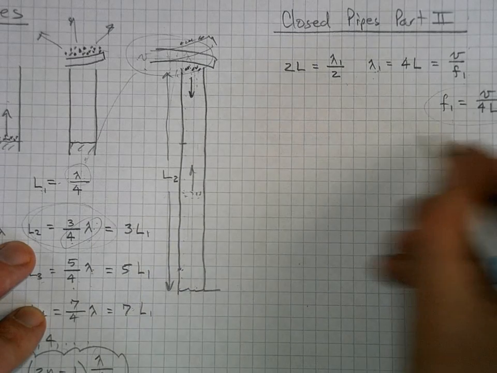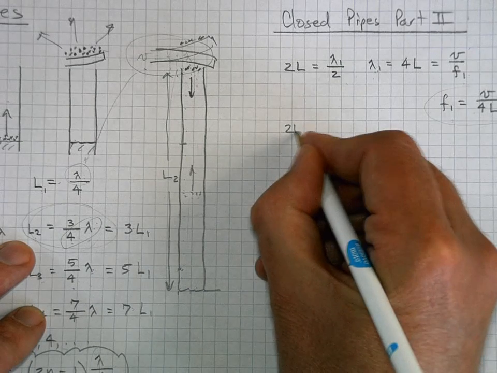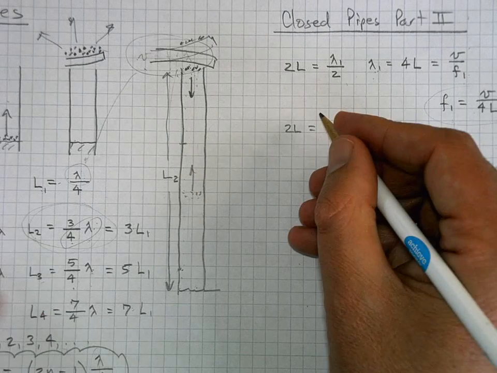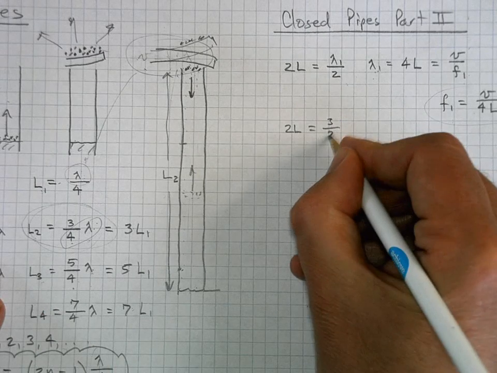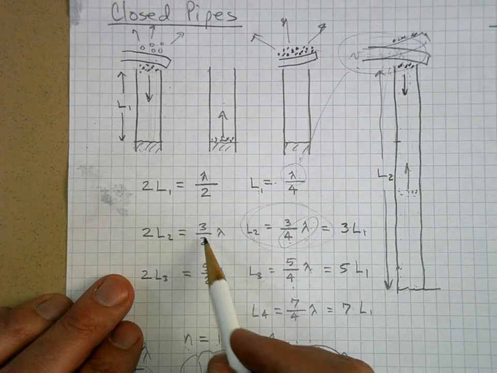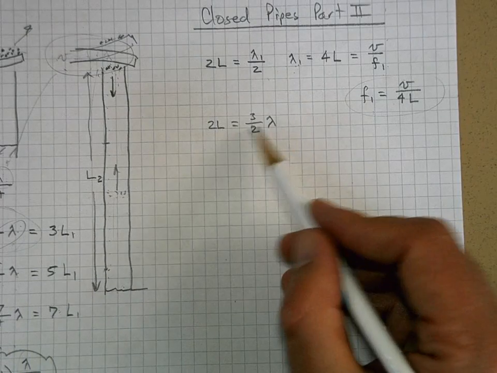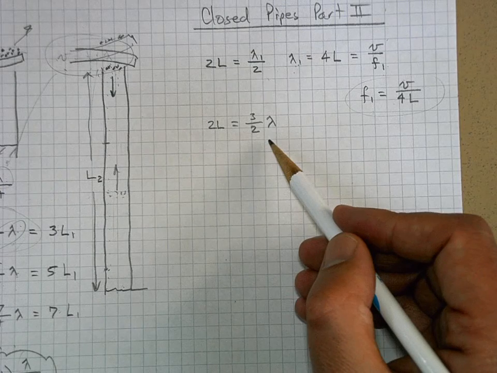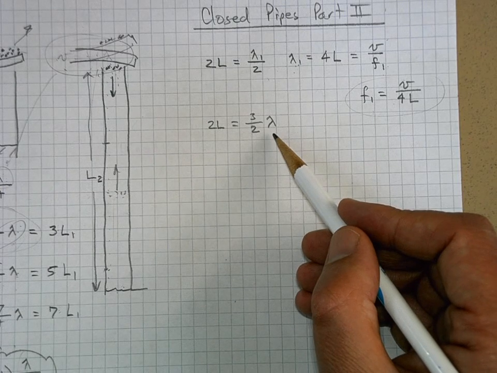So 2L is equal to 3/2 the wavelength. It will resonate if twice the length of the pipe is equal to 3/2 of the wavelength.